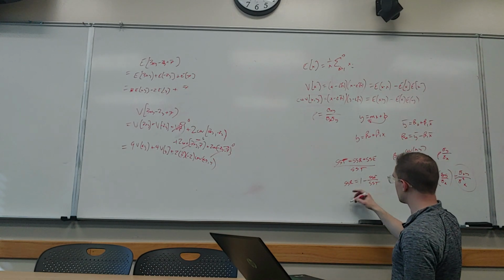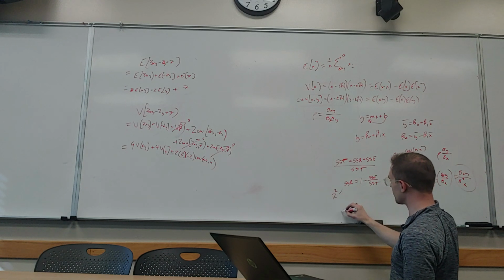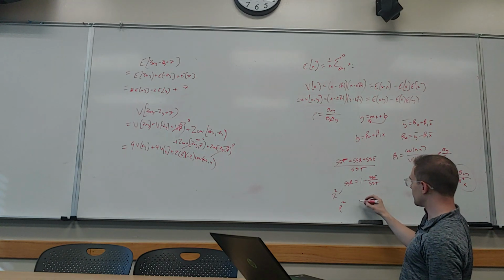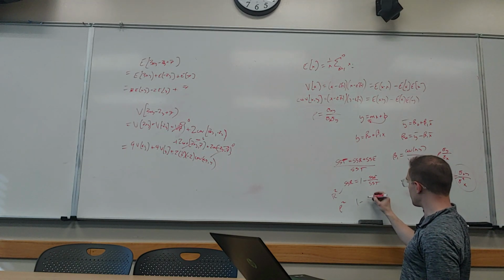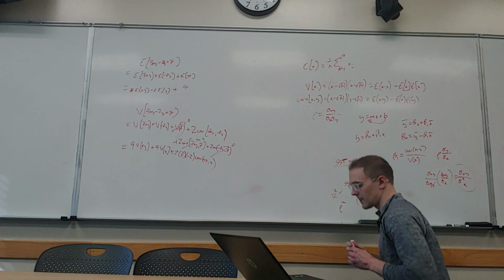In general regressions, this is called R squared. In a simple regression, it's actually the same as the correlation coefficient squared. It can be written as 1 minus the variance of our residuals over the variance of y.